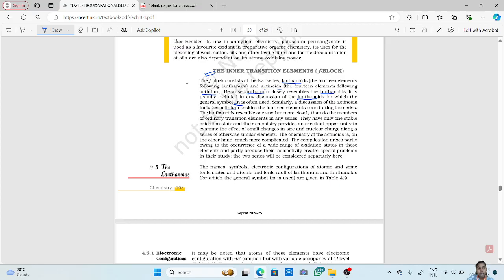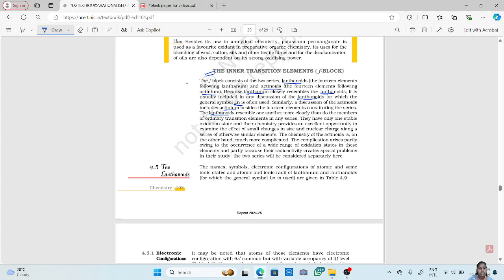Now, the lanthanides resemble one another more closely than do the members of the ordinary transition element series. The properties are very similar for all the elements in the lanthanide series, which is not observed in other ordinary transition elements.